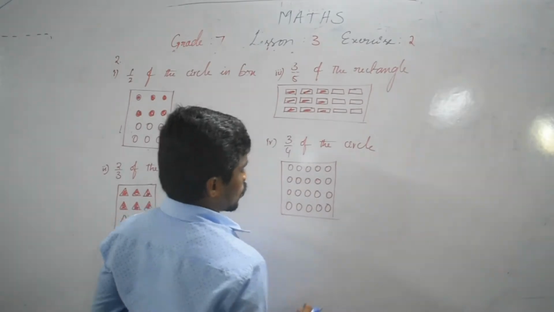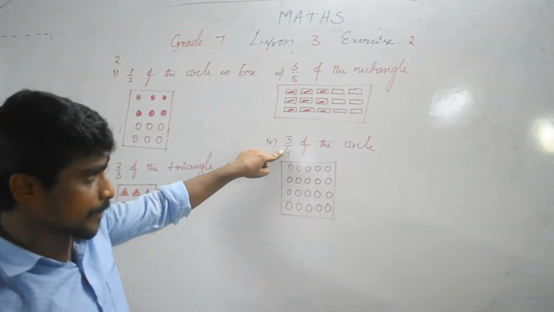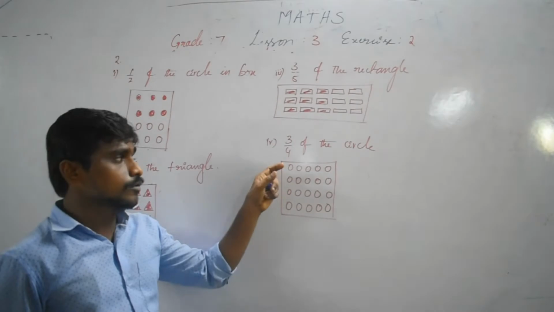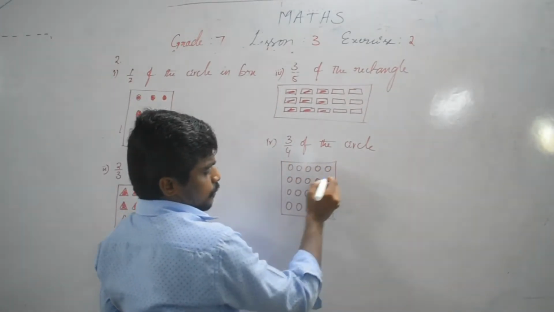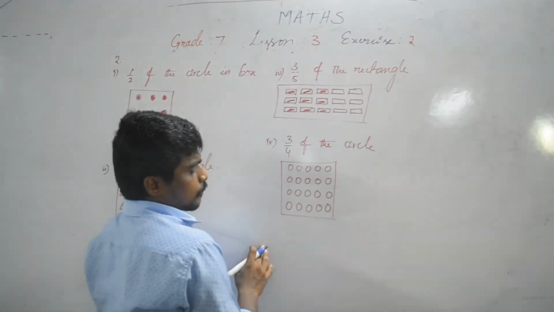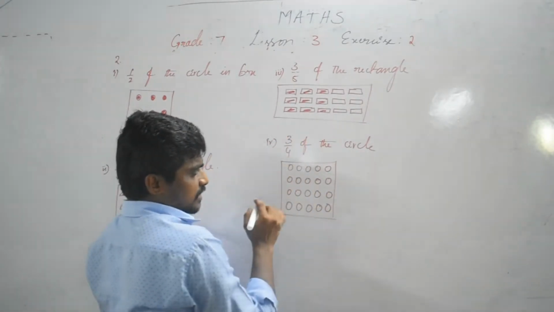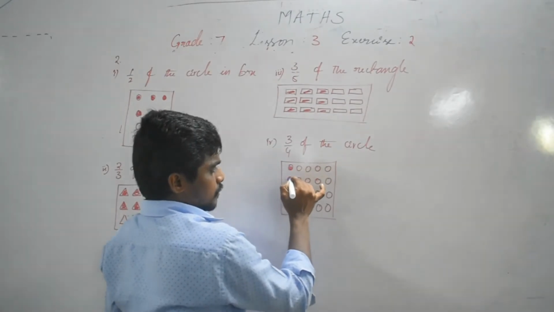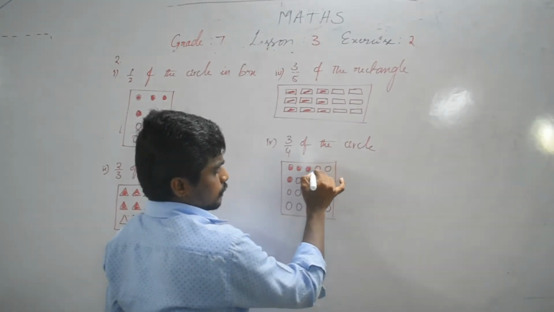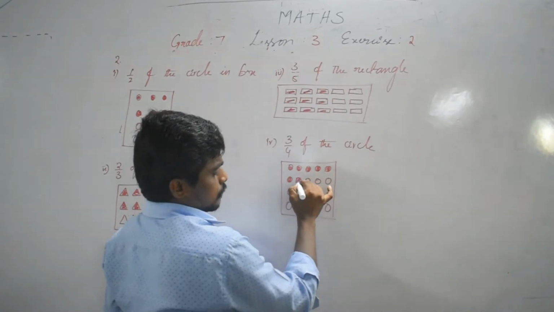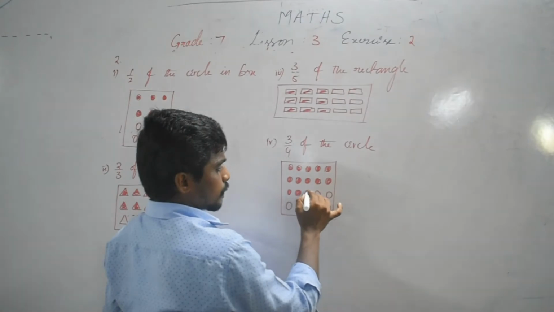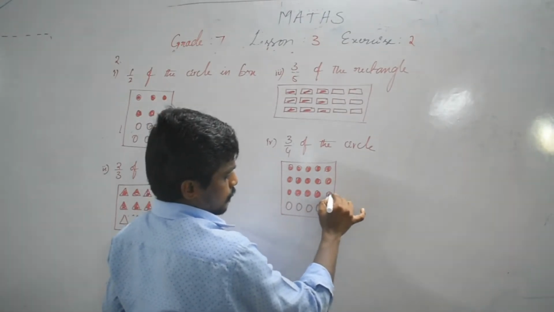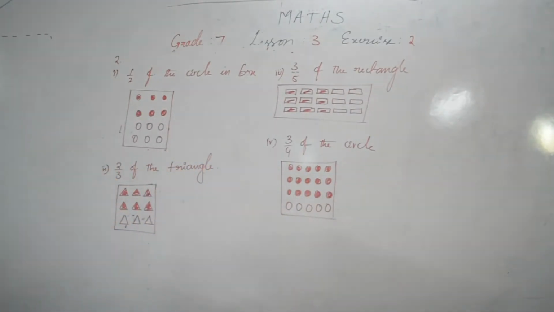This is the total box. So here the denominator is how much? 4. So here there are 4 columns. This is one row, second row, third row, fourth row. So one row, two rows, three rows. Right. This one.